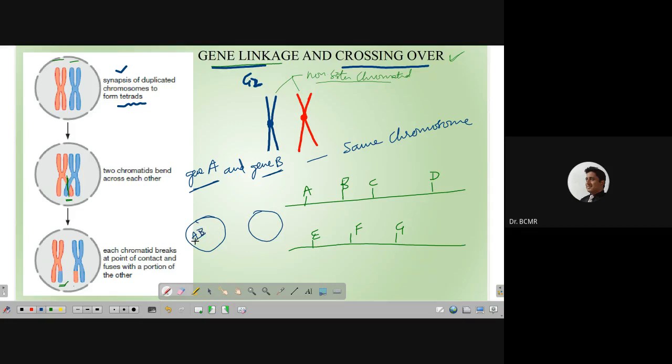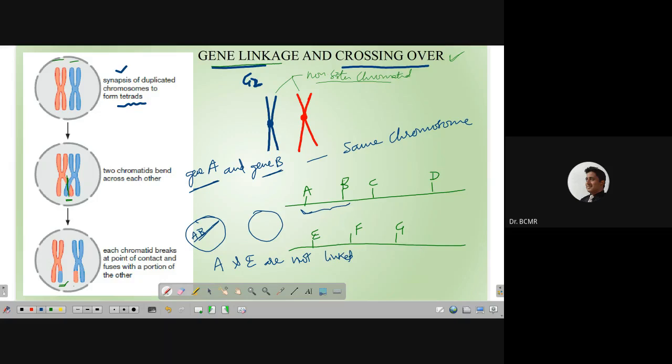Why is that? Because they are on the same DNA fragment. I'm just trying to define what is meant by linkage. Don't take it further; we will see if required in the next classes. So when two genes are present on the same chromosome, they are linked. If gene A and gene E are not linked, that means they are present on two different chromosomes.